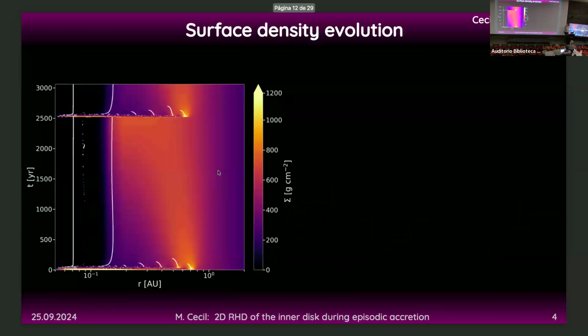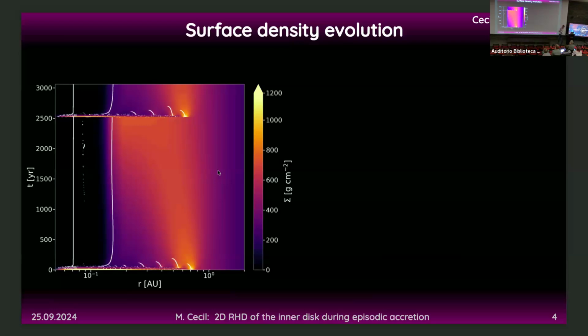We can have another look at the surface density evolution during the instability in a space-time plot such as this one. We have the radius on the x-axis and the time on the y-axis. Within the shown time frame, there are 2 such instability cycles developing, one at the very beginning and one after about 2,500 years. The surface density is color-coded here.